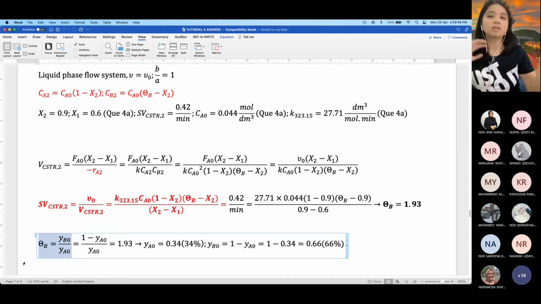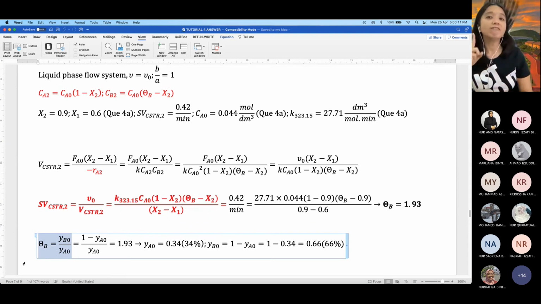Meaning YA0 plus YB0, because it's an initial mole percent. Berapa composition yang akan masuk ke dalam reactor, composition dia mesti maximum 100%. So meaning Y in terms of fraction is 1. So since I only have A and B, the YA0 plus YB0 must be equal to 1. Tu dia punya understanding. Okay, YA0 plus YB0 equals 1.